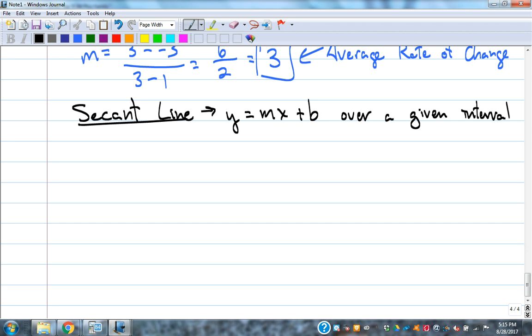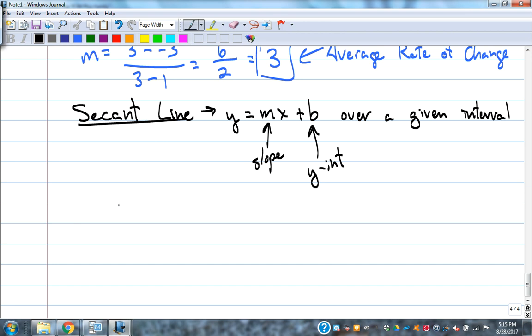We've got to have the slope, and then we've got to have what? The y-intercept. We've got to find those two things over an interval. They're going to say find the secant line over this interval.